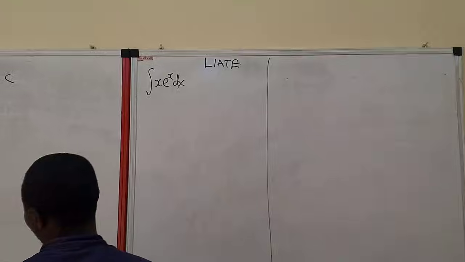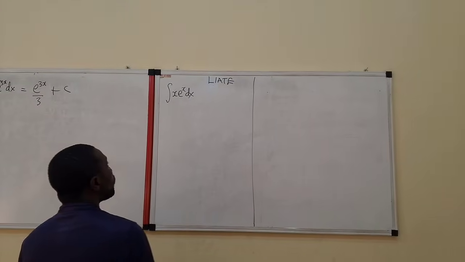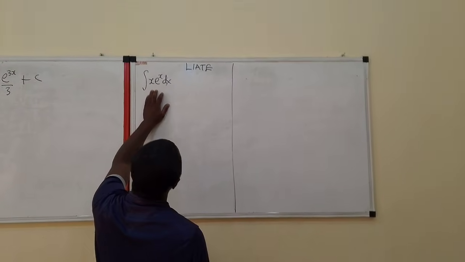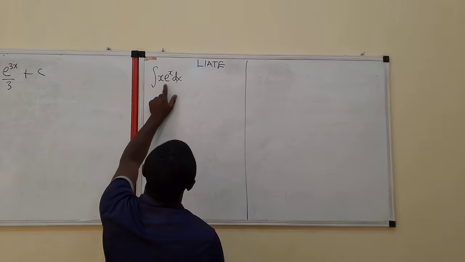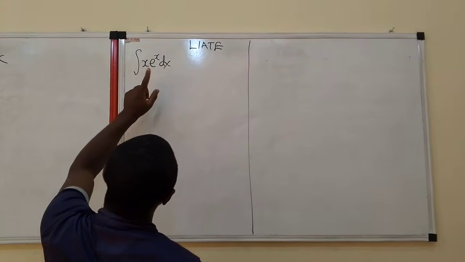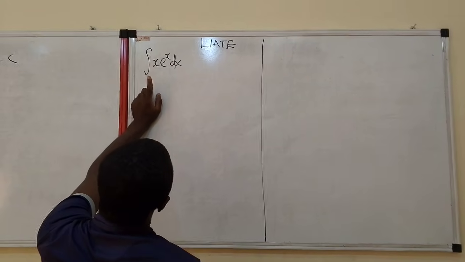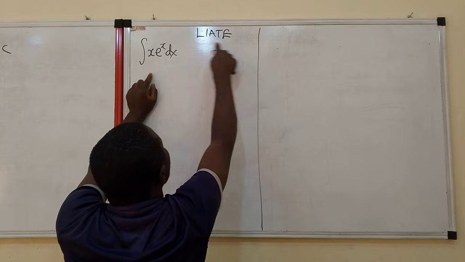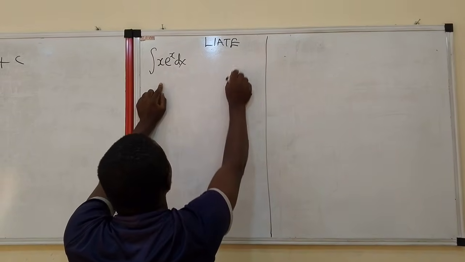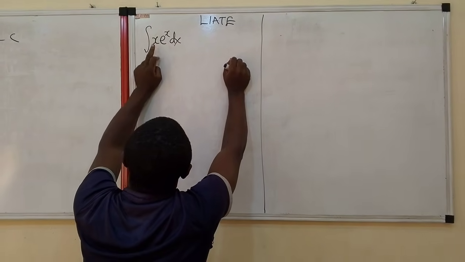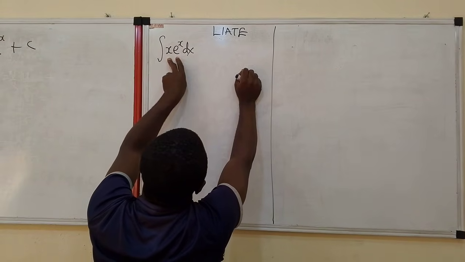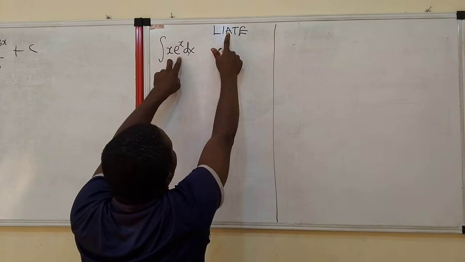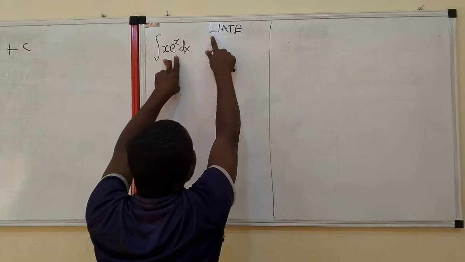Now let's see. When we compare this and this, our u must follow this. We have an algebraic function here and an exponential function here.